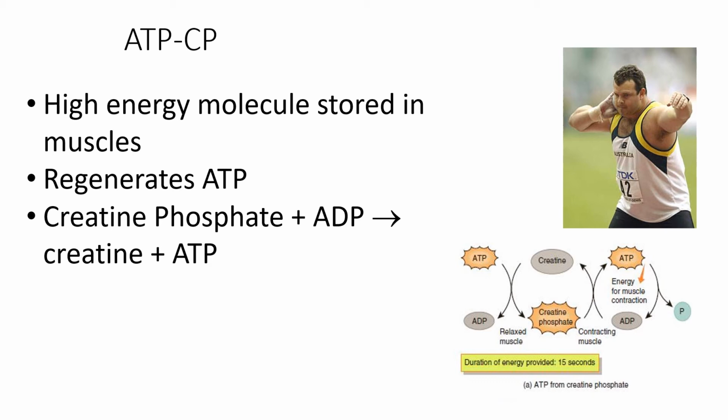This is, however, an instant transfer of energy. We have creatine phosphate plus ADP becomes creatine plus ATP. This type of energy production is used for very short-term durations, like 15 seconds for things like weightlifting.